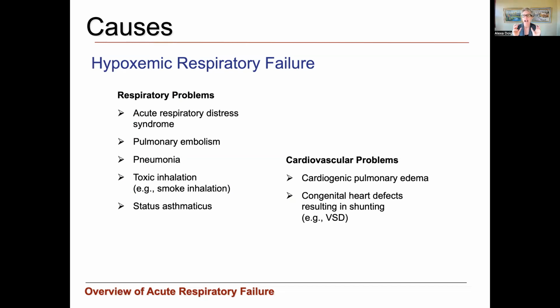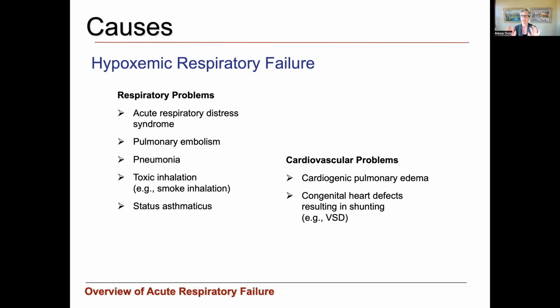So, kind of like the definitions of absolute and relative hypovolemia, I am not such a fan of this hypoxemic versus hypercapnic respiratory failure. We're going to be drawing arterial blood gases on these patients, so we can tell if they are hypoxemic and how hypoxemic they are, and we can also tell how hypercapnic they are.